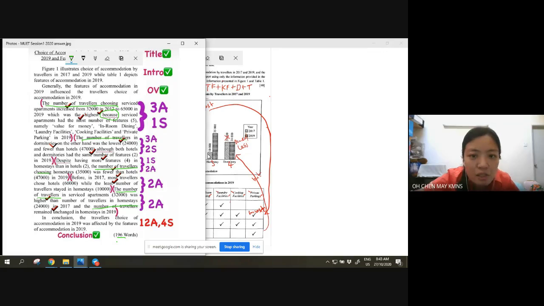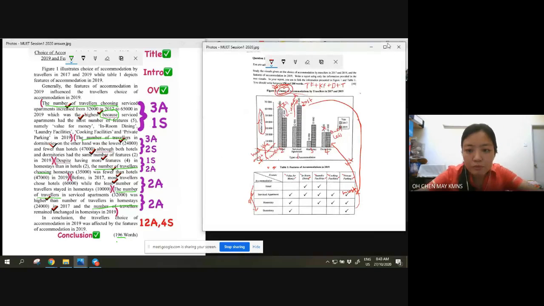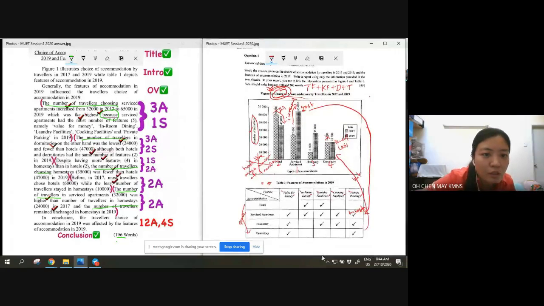So it's saying here this one was the lowest. Let me just make it small for you. Was the lowest, and fewer. So it's saying lowest, and then it's fewer than the hotels, and then the linking word here.